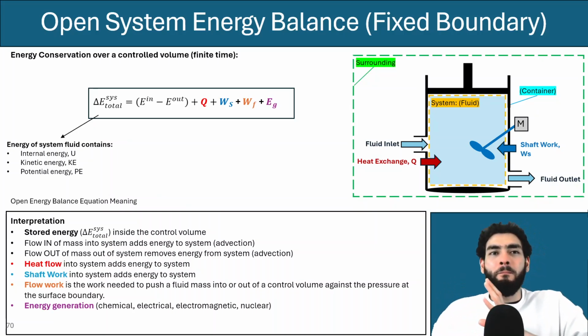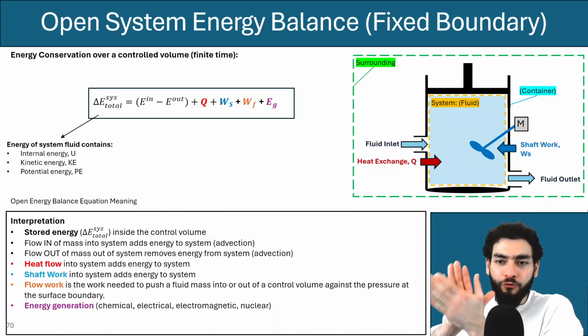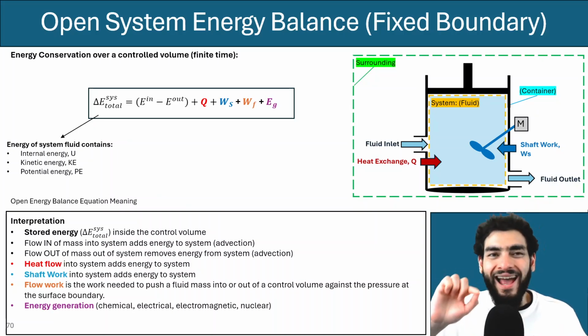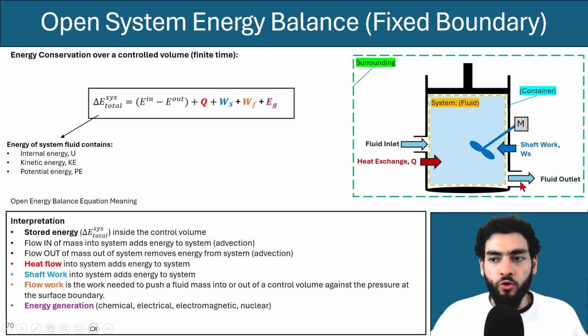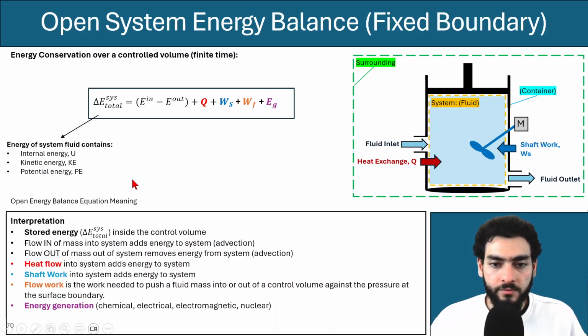For it to be pushed outside of this control volume, the control volume needs to apply a force, needs to perform work, to essentially force the fluid outside against the outside pressure in order for the fluid to leave at the outlet. This needs to be accounted for, and we're going to do some simplifications so that you can see what it looks like when you expand these terms.